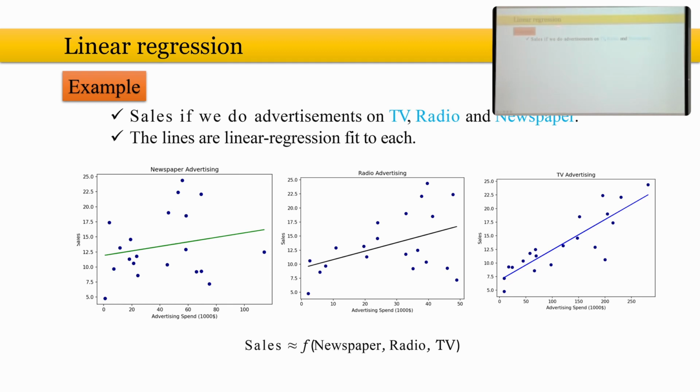Last week we discussed TV, radio, and newspaper advertisement. Here I plotted another example for you. We have some data that shows the newspaper advertisement. These are samples, this is the X input, and this is the output, Y. We have the sales here, and the input is the amount of money that you spend.